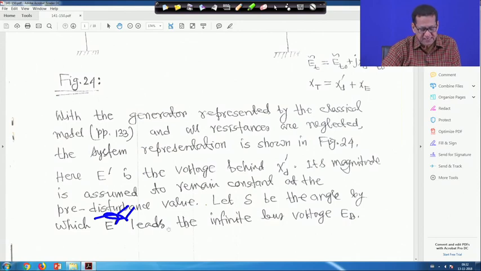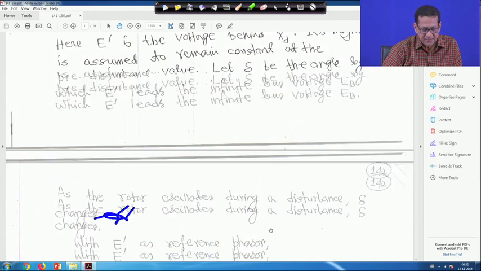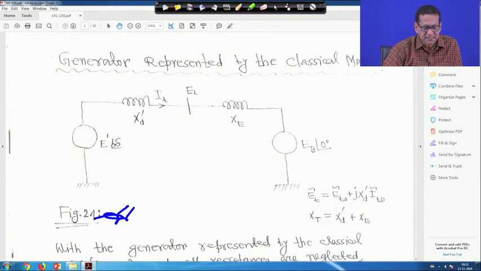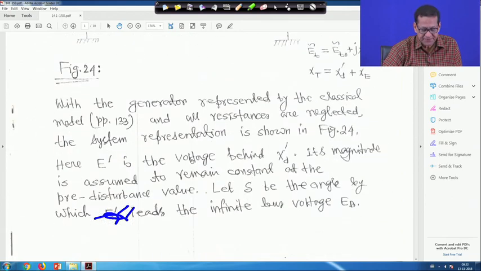Let delta be the angle by which it leads the infinite bus voltage E b. That means this E dash tilde is leading the infinite bus voltage by an angle delta.